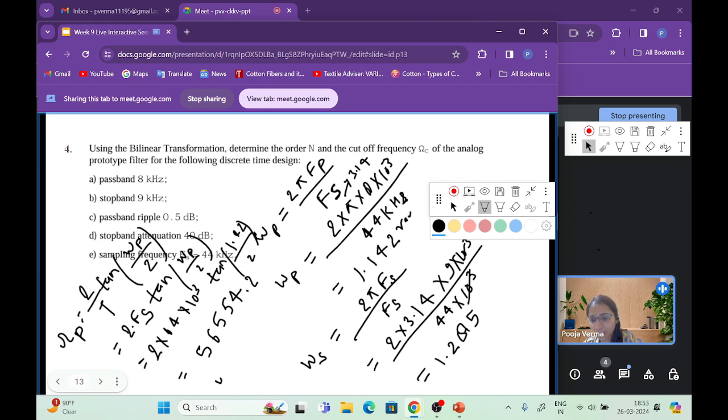Similarly, we have to find out the omega s also in the stop band. So already I hope all of you noted down. Can I remove this part?